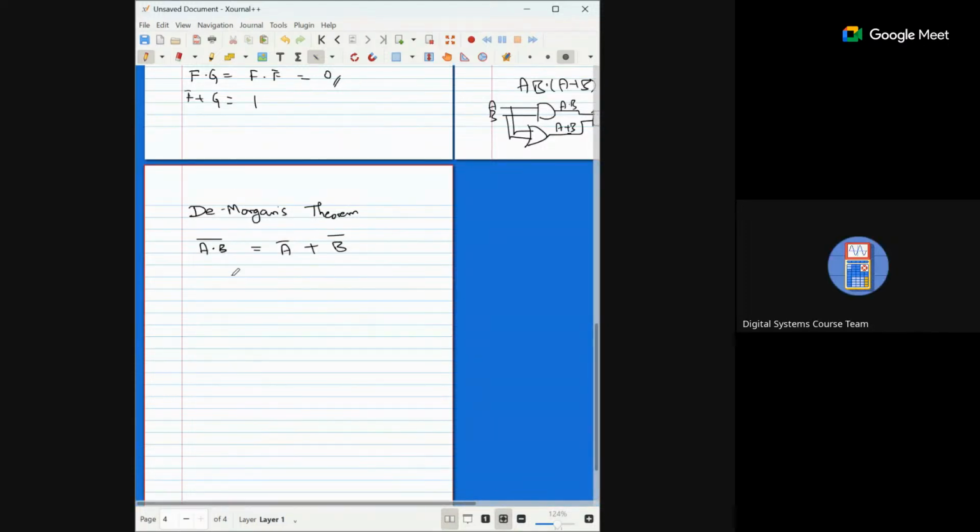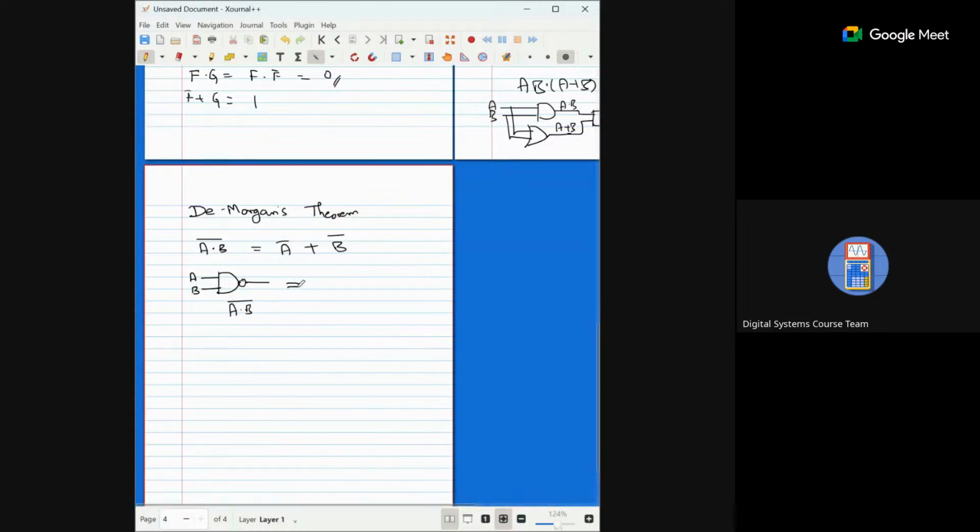What is the meaning of it? This is nothing but a NAND gate with non-complemented inputs. Inputs are not complemented; I'm giving A and B directly. That gives A dot B, the whole bar.